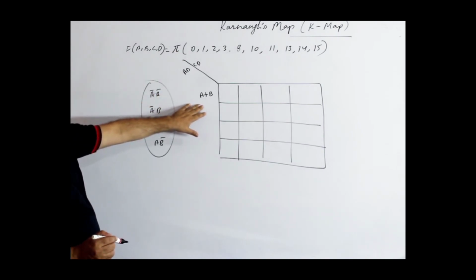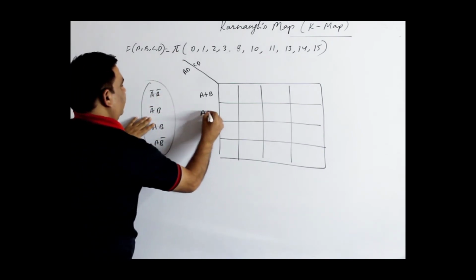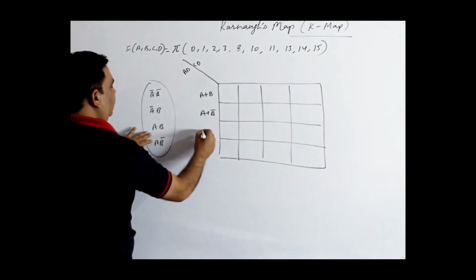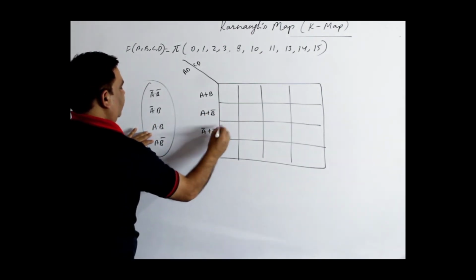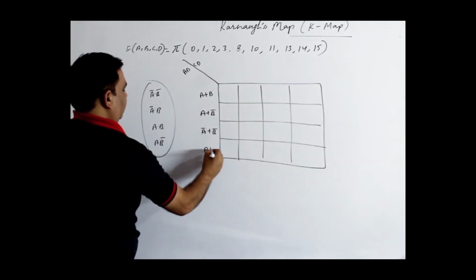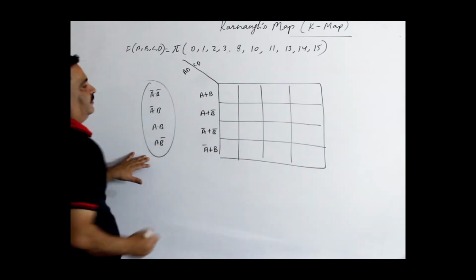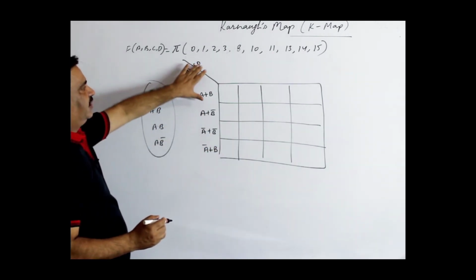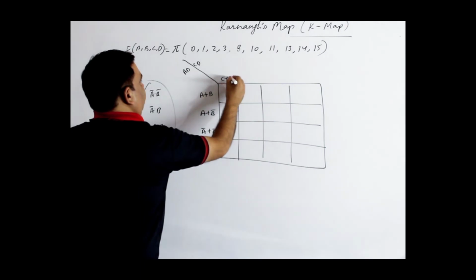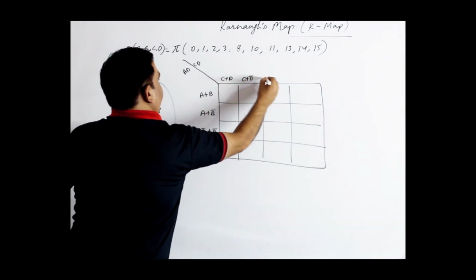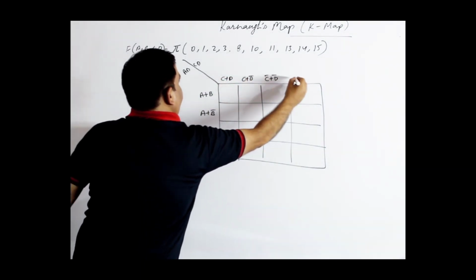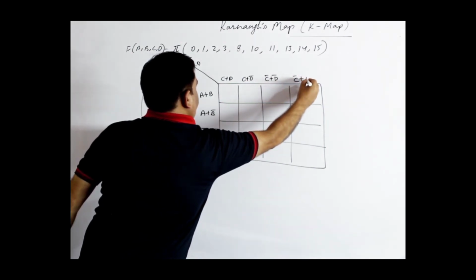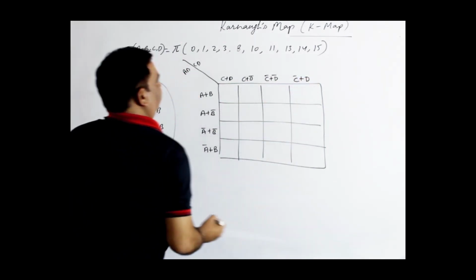A plus B, here you have to write A plus B complement, here A complement plus B complement, and here A complement plus B. Same for CD: C plus D, C plus D complement, C complement plus D complement, C complement plus D.